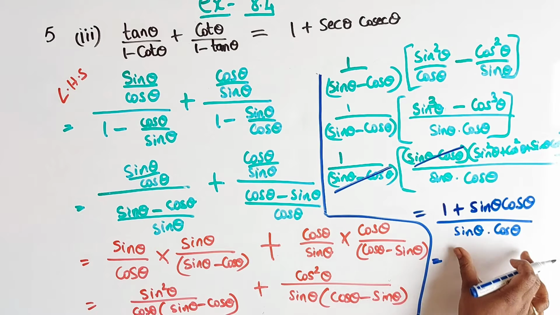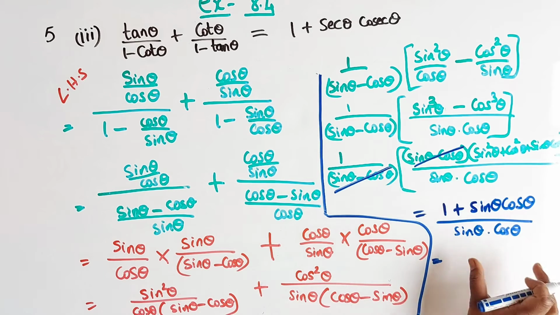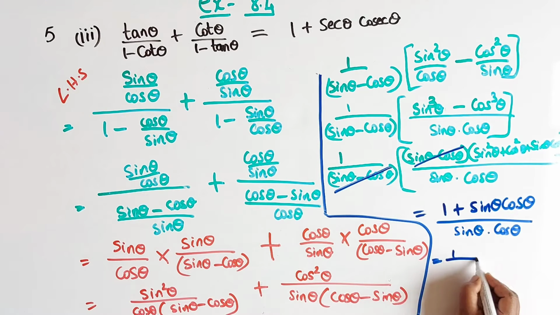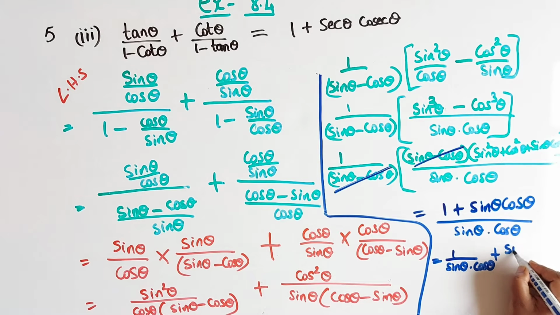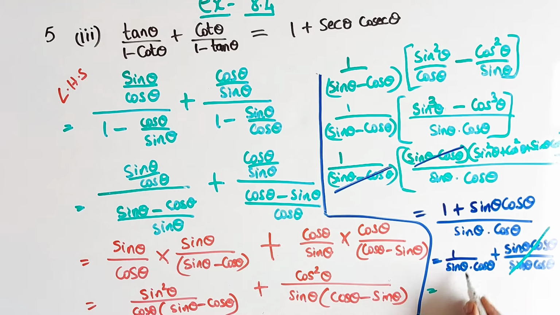Right, children? Let's divide this numerator with denominator by sin theta into cos theta, plus here sin theta cos theta divided by sin theta cos theta again. This will get cancelled. Same, right? And here what will get cancelled means here it is 1.